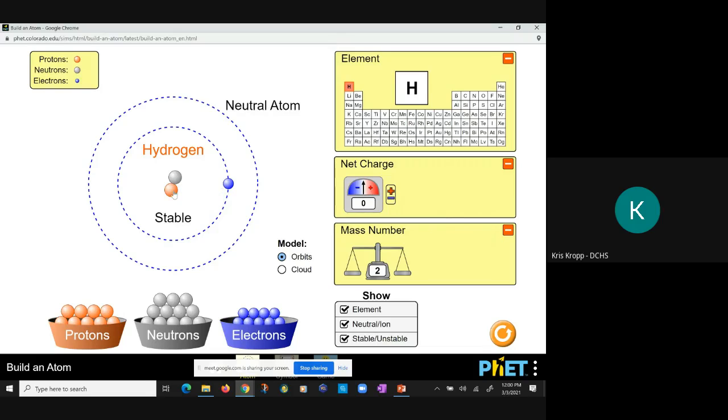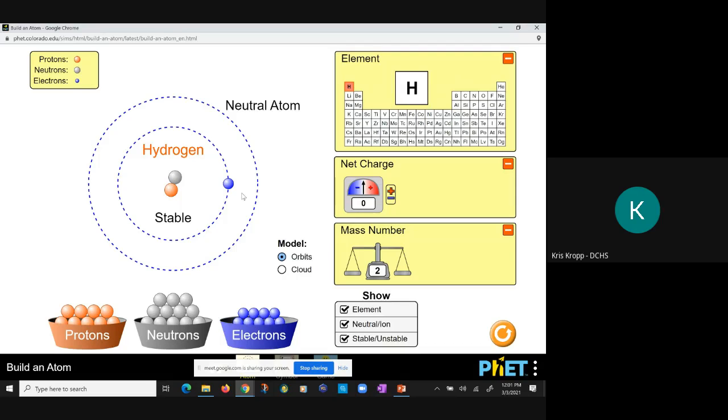That means positive charges for protons, negative charges for electrons. Notice my mass number here is 2 because as we just learned, we have mass from both the proton and the neutron. Both the proton and the neutron add mass to the nucleus, so my mass number is 2. Again, here we are on hydrogen.